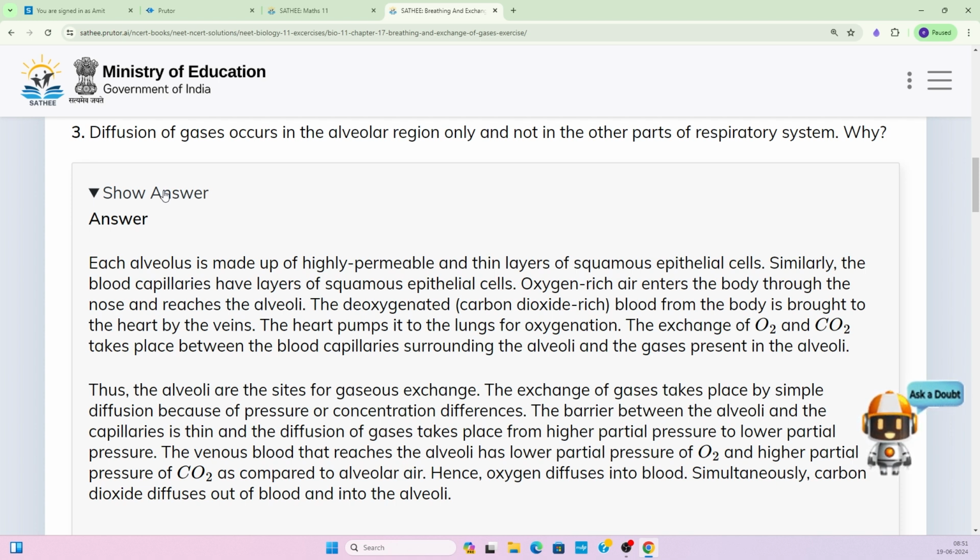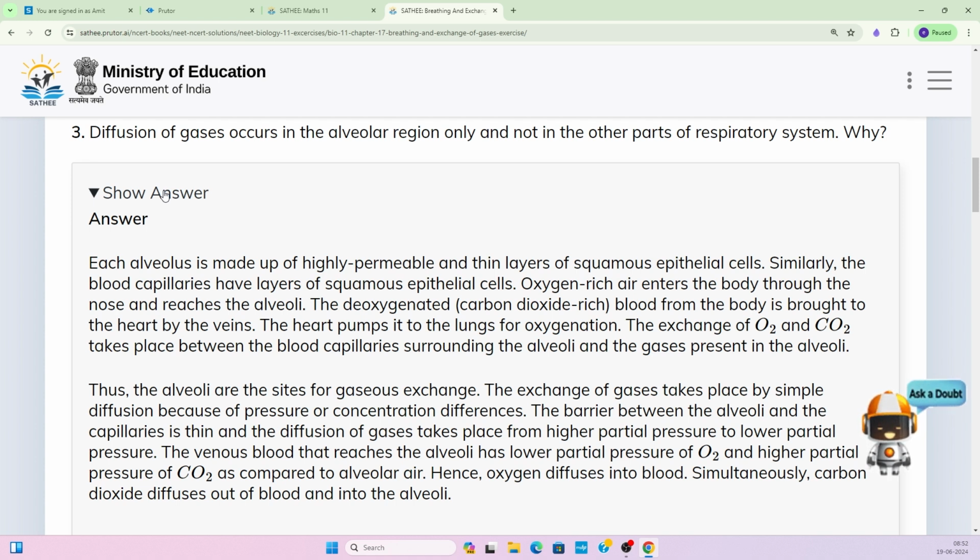The concentration differences mean that the blood that has come from the heart to the lungs has a lot of carbon dioxide, whereas the alveolar sac has a lot of oxygen. So these two gases move according to the concentration gradient, and the exchange takes place by simple diffusion.